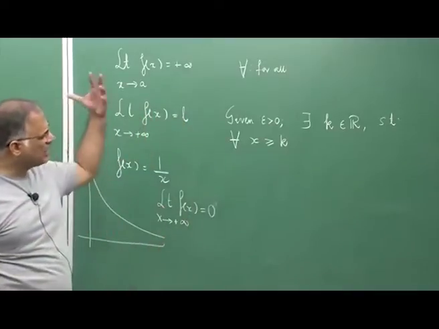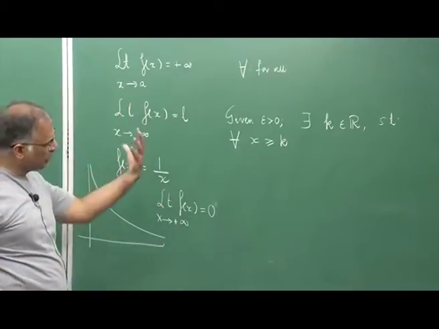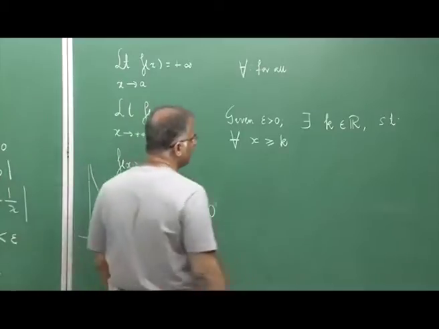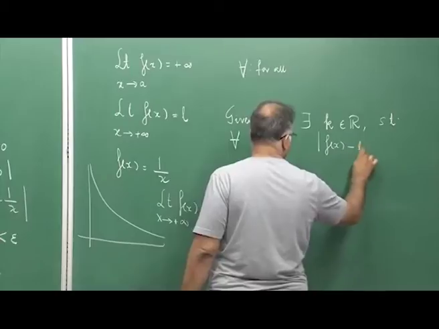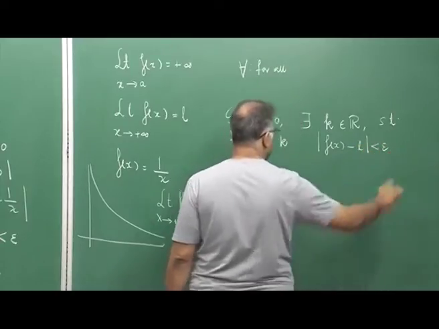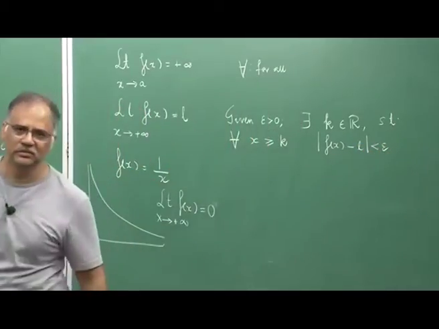So, k could be as large, for every epsilon there would be a k such that for every x which is bigger than or equal to k, this distance would be less than your chosen epsilon. That is the meaning of this.